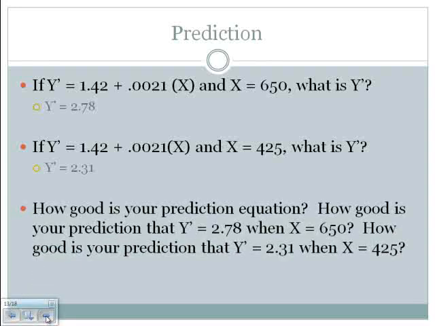Now, how good is our prediction? How good is the prediction for a 650 of a GPA of 2.78? How good is our prediction for an SAT score of 425, y prime being 2.31?